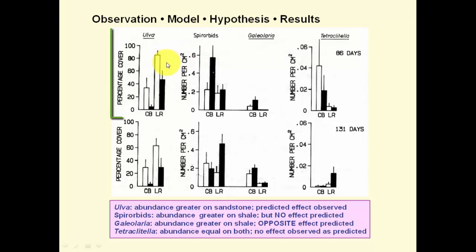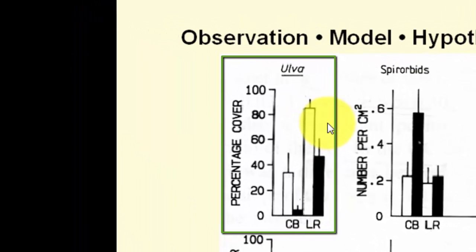So let's go over here and look at the sea lettuce after 3 months. Wow. The white bar is for the sandstone, the black bar is for the shale, and you can see clearly at both places much better survival or growth or establishment on the sandstone than on the shale.